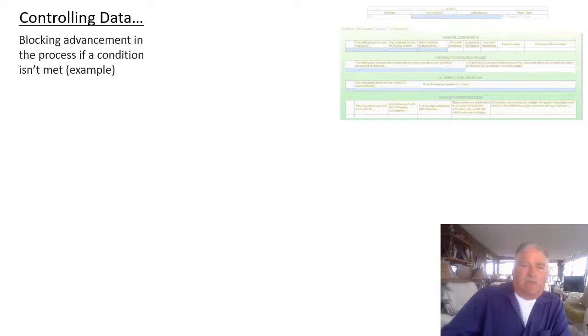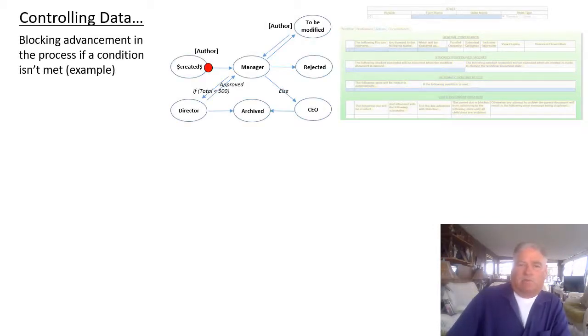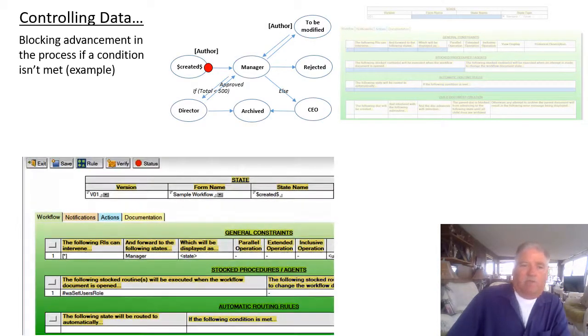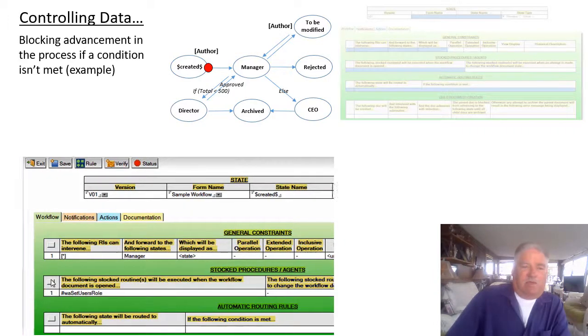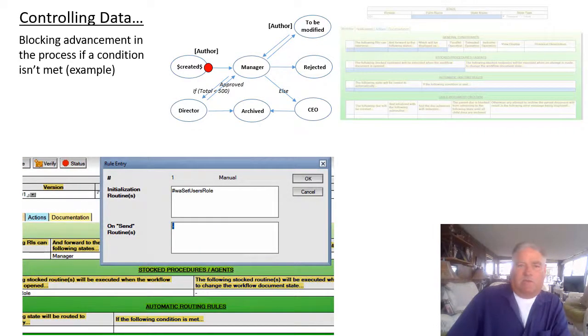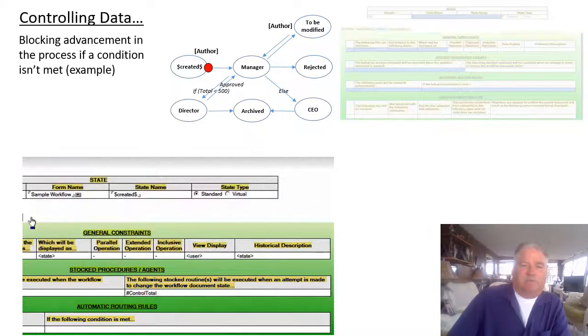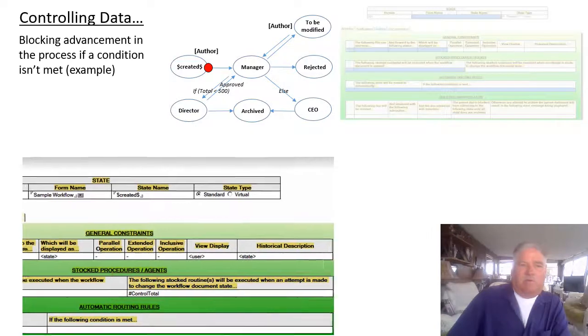Likewise, we can do the same when the user selects the send button. In this particular case, we'll be creating a new routine. We'll call it control total. There you see it here.